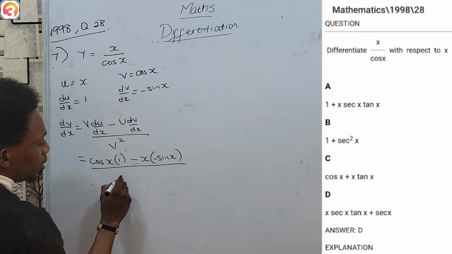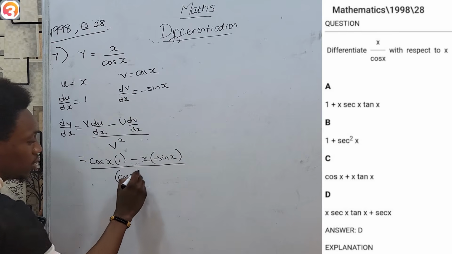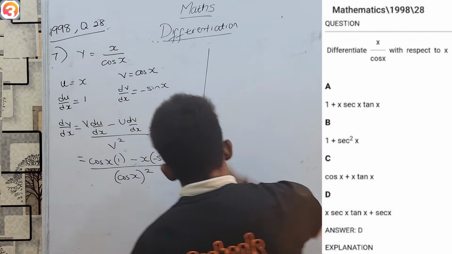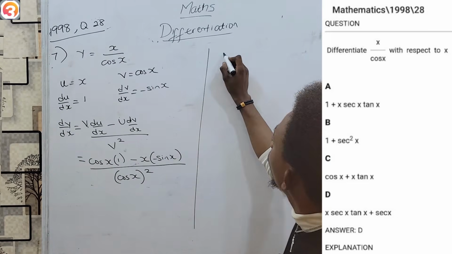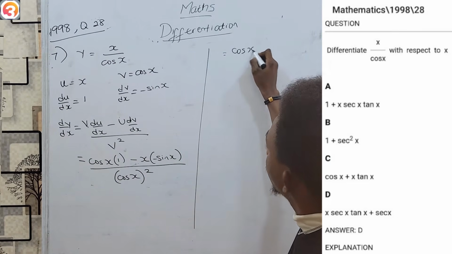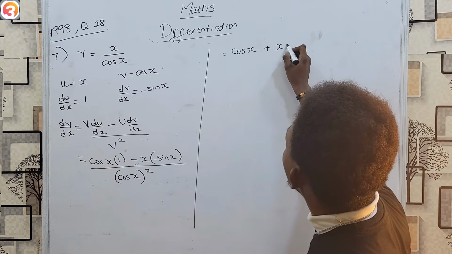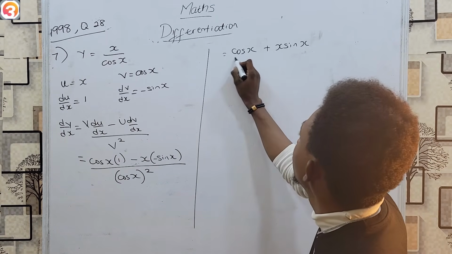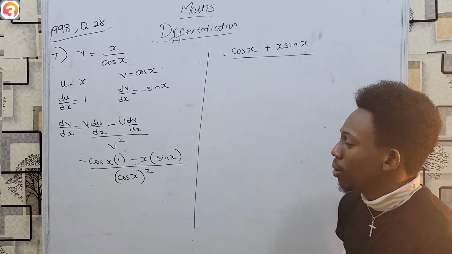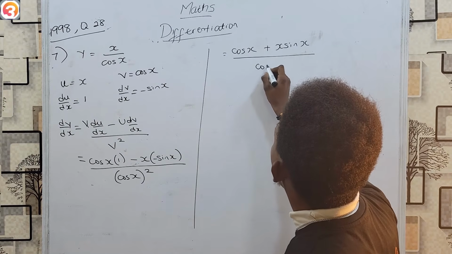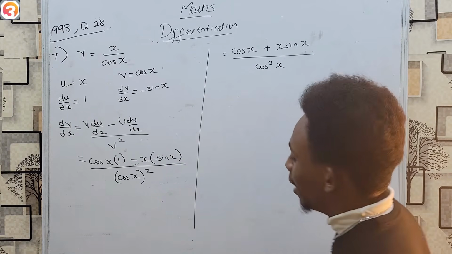And v is cos x, which is cos x all squared. Let's finish it up this way. Cos x times 1 is cos x, minus times minus is plus, that is x sine x, all over, and as you are aware, cos x all squared can also be written as cos squared x.